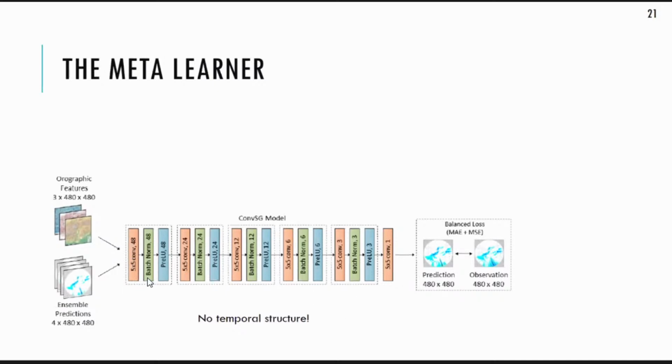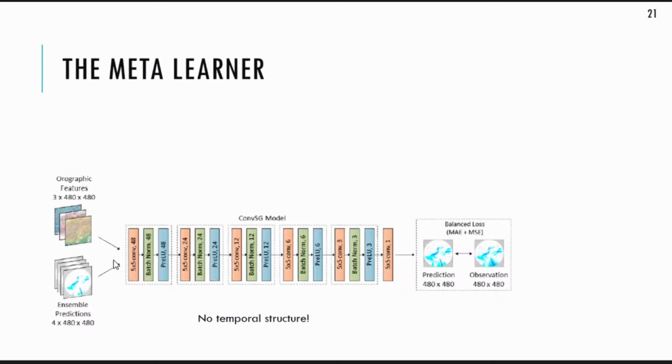Each block has 5x5 convolutions, batch normalizations, and PReLU activation functions, which is a ReLU but continuous. Because they only use strides of size 1, we don't have any downscaling here, so the spatial size of the inputs is preserved throughout the complete process.